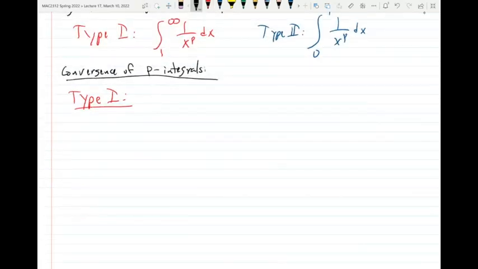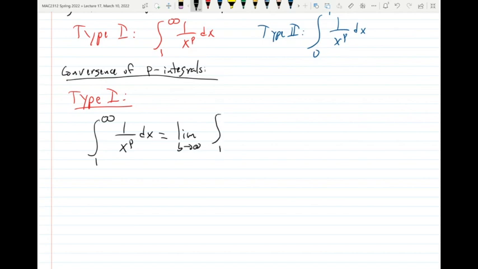So we're looking at the integral from 1 to infinity of 1 over x to the p dx. Now, as you know, this equals the limit as b approaches infinity of the integral from 1 to b of 1 over x to the p dx.